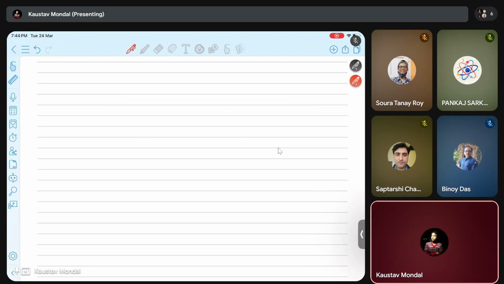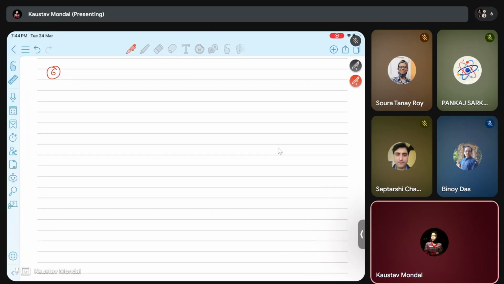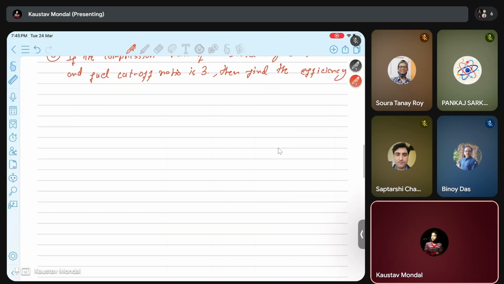Now problem 6, question number 6. If the compression ratio of a diesel engine is 15, and fuel cutoff ratio is 3, then find the efficiency of the engine.